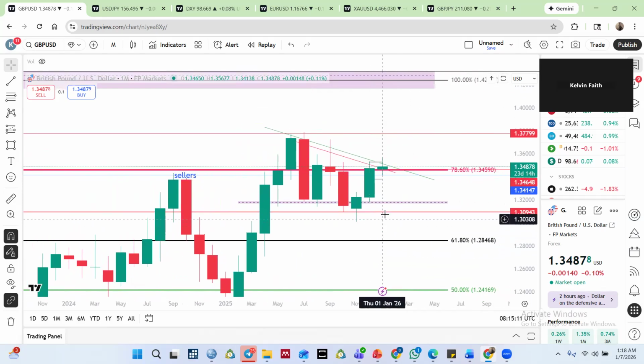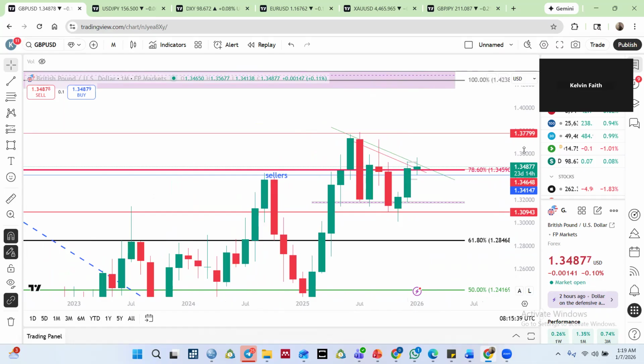But this also looks like the dollar index is in a range and we need a break from one side. Price faked breaking to the downside and it pushed up. So price is telling us it wants to sell, then it's telling us now it wants to buy. So let's see, if it's finished buying, it should sell.